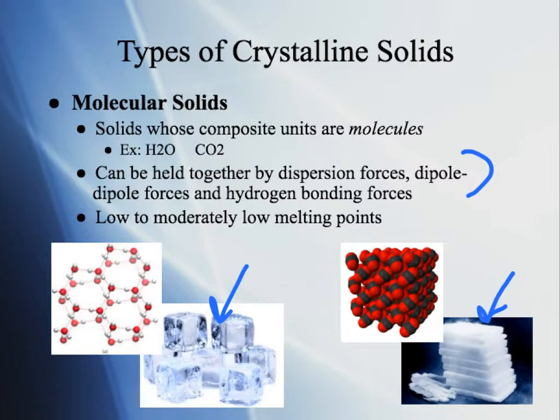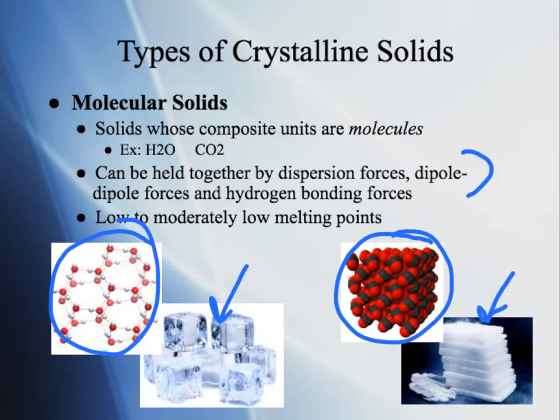It's interesting to see the difference between how CO2 comes together to form a solid versus the spread apart H2O molecules, which gives you the reason that ice floats when it's solid. It's one of the only substances that actually does that, because it decreases in density.